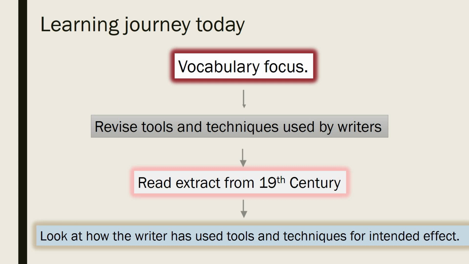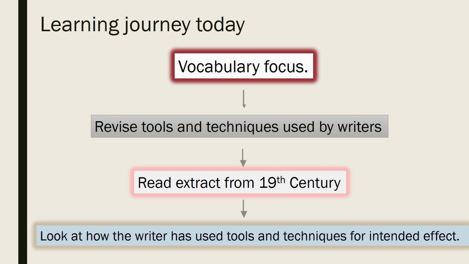So the steps for our learning journey today are on the screens there. We're going to have a focus on some vocabulary that may be new to some of you, may be familiar. We're going to revise the tools and techniques to use by writers. By tools and techniques we mean subject terminology, things that the writers specifically chosen to create intended effects.